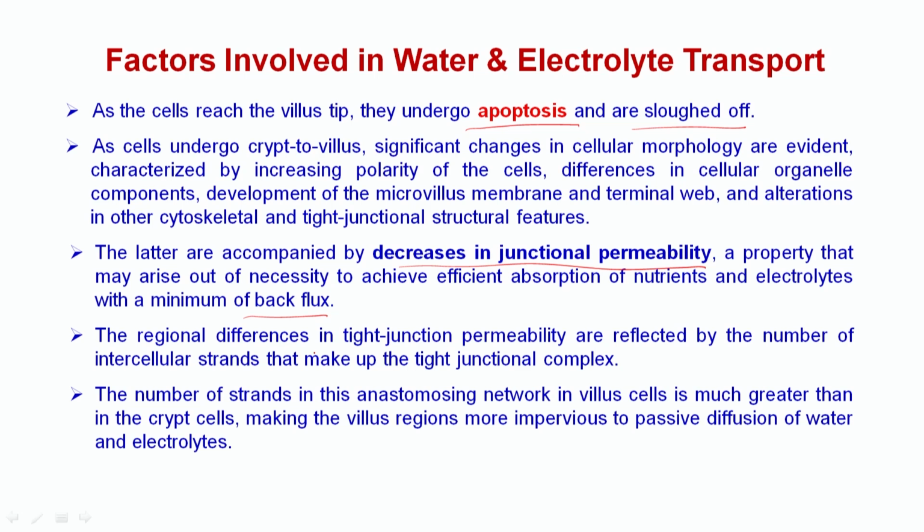The regional differences in tight junction permeability are reflected by the number of intramembrane strands that make up the tight junction complex. The number of strands in this anastomosing network in villus cells is much greater than in the crypt cells, making the villus region more impervious to passive diffusion of water and electrolytes.